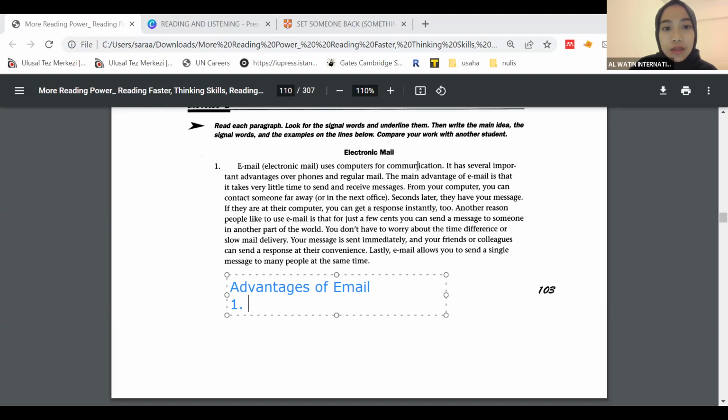It has several important advantages. Which one is far away? In the fourth line. Oh, fourth line. Okay, yes. From the computer, you can contact someone far away. Okay, that's the first list.